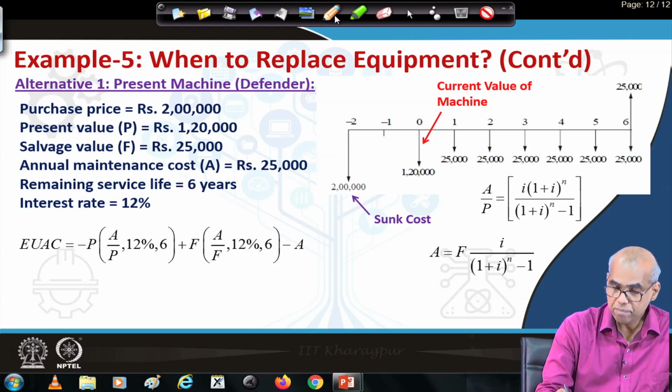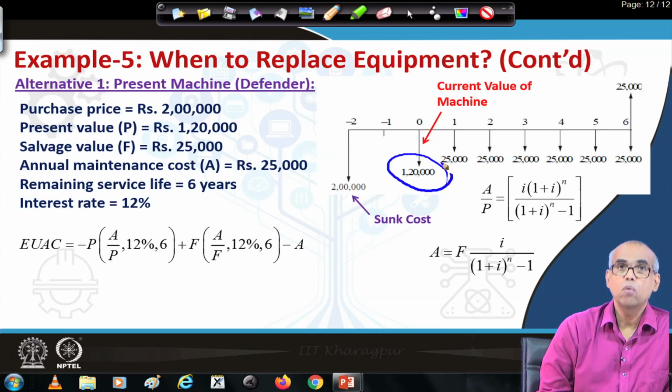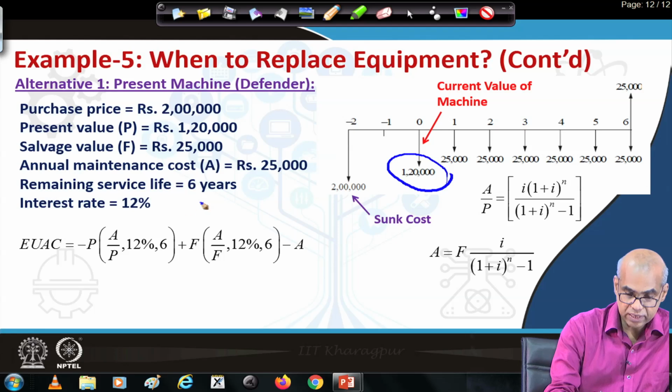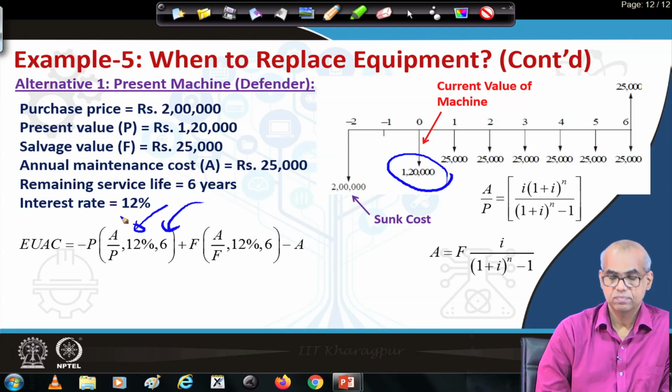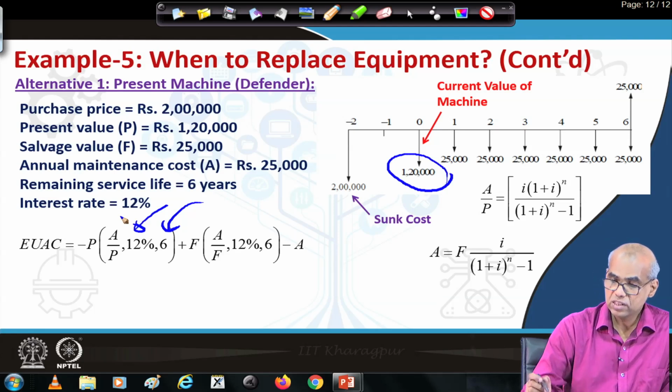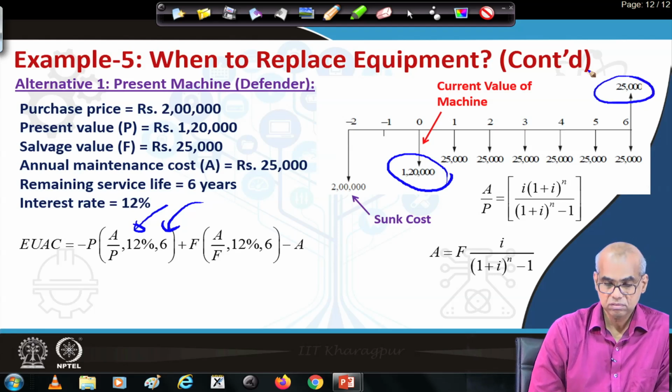You have at time t equal to 0 a negative cash flow of 1,20,000. Let us annualize it over a period of 6 years at an interest rate of 12%. Then at the 6th year, I have a positive cash flow of rupees 25,000.